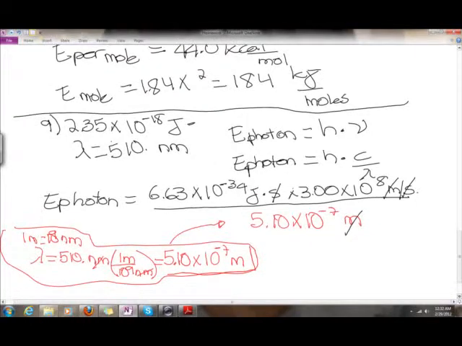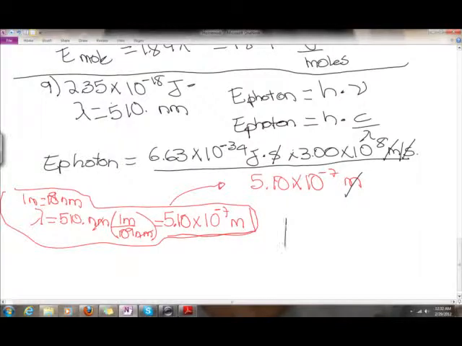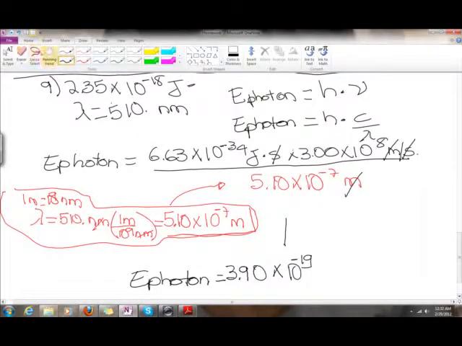So the energy of one photon at that wavelength is going to be equal to 3.90 by 10 to the minus 19 joules per photon.